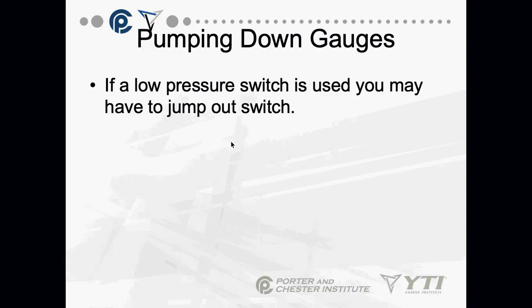But right now, where I'm at in this, you have your gauges on your system, you're removing your gauges. You've removed the high side gauge from the Schrader port. I'll try to do a video of this later on my own system and do a demonstration.